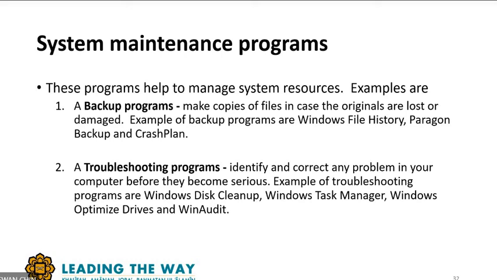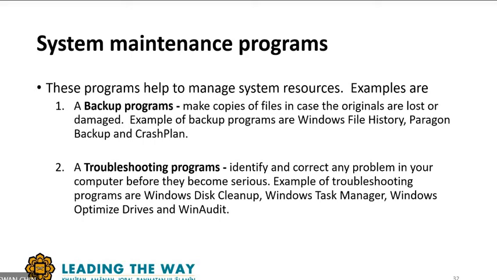And the second one is the troubleshooting program. Troubleshooting programs are used to identify and correct any problem in your computer before they become more serious. For example, when you connect to Wi-Fi but you have difficulties or your device cannot connect to the Wi-Fi, it will bring up the troubleshooting program.